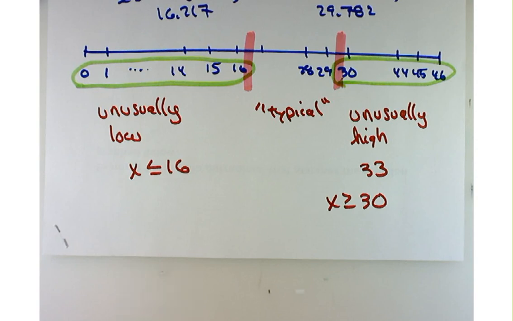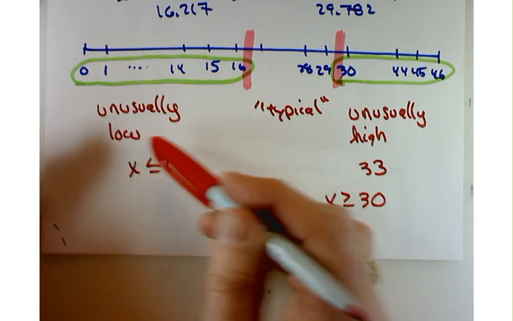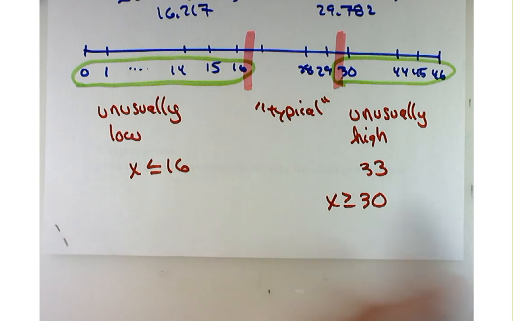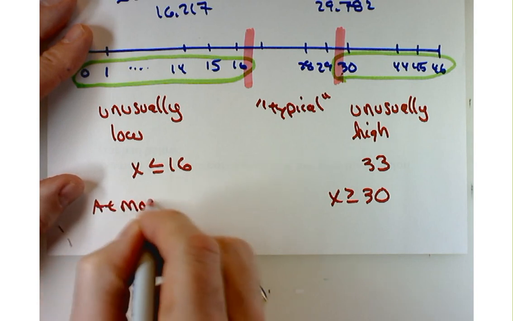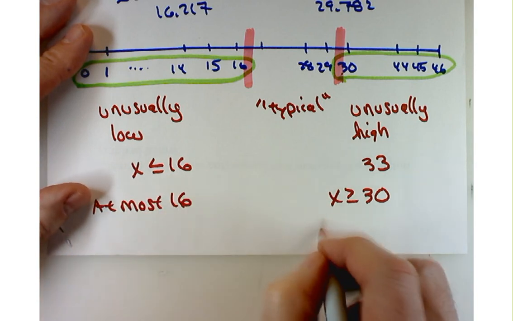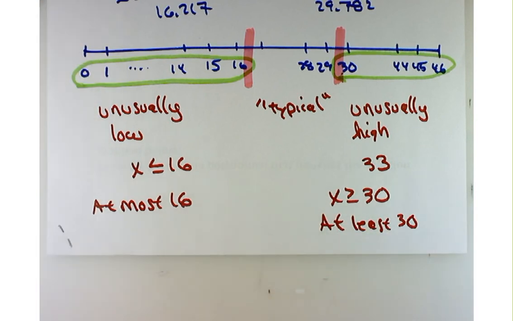So you can just write it out, just say it like. Yeah, you could do that too. You could just say it's at most 16 or at least 30. So that would be yet another way you can say that. So at most 16 and at least 30. Yeah, well done, well done.